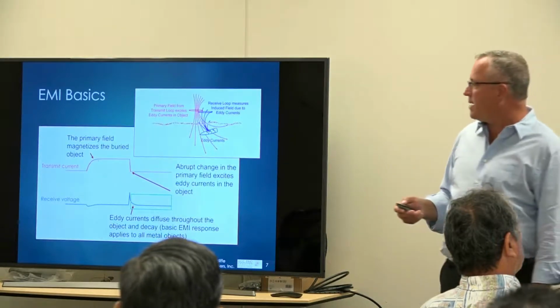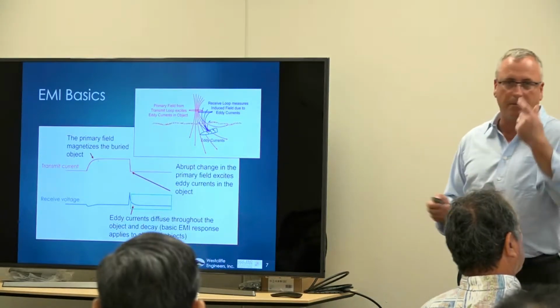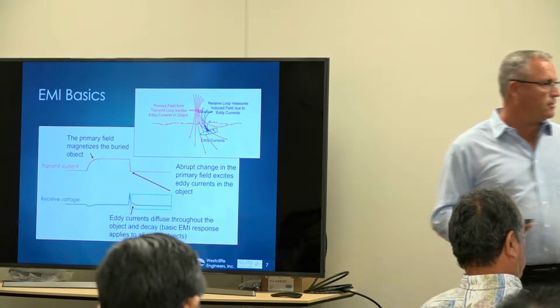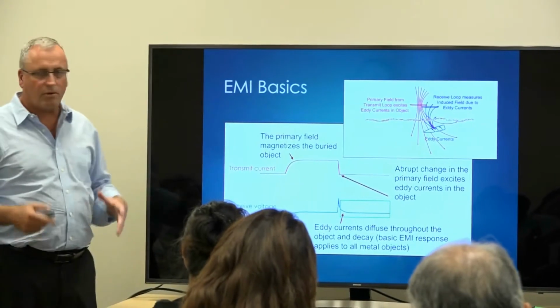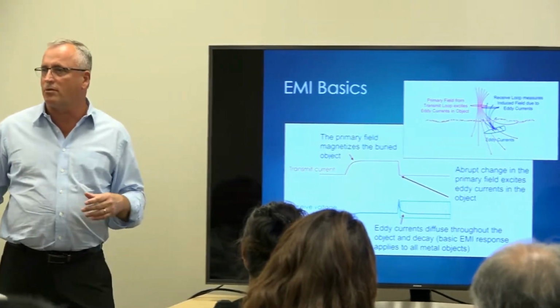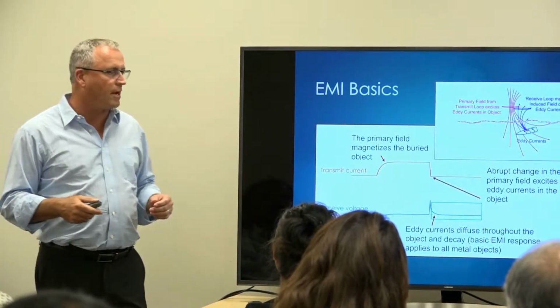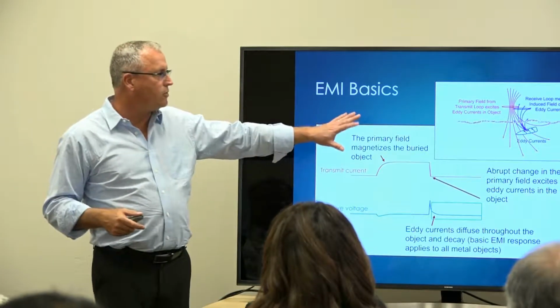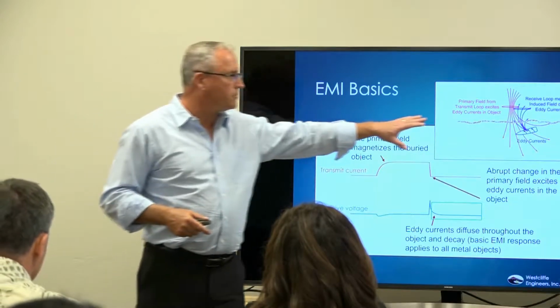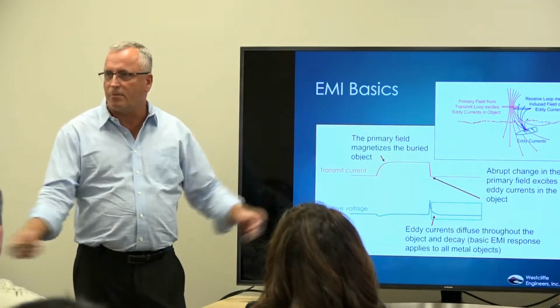Okay, EMI basics. It's kind of simplified in its cartoon form. The EM sensor has two loops, a transmitter loop and a receive loop. Sometimes it can be the same coiled wires that do the same thing, but we have two, much like metal detectors you see on the beach, people waving around.